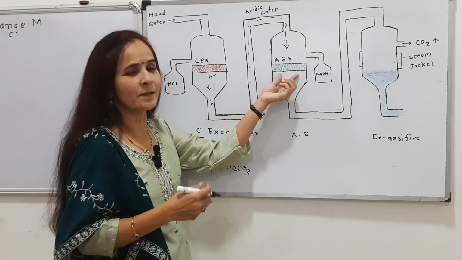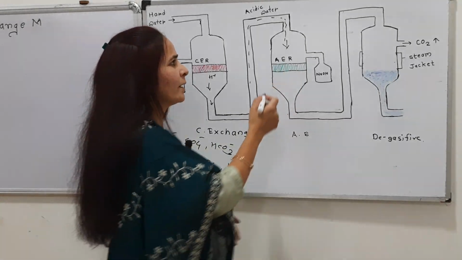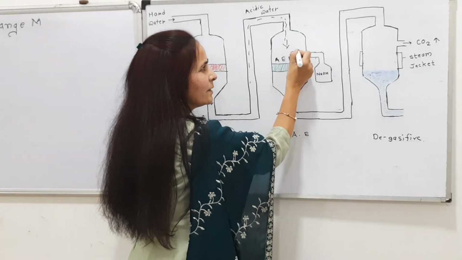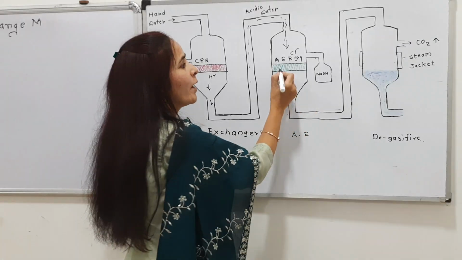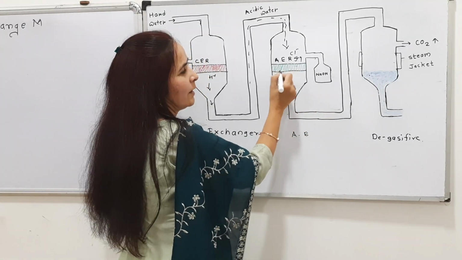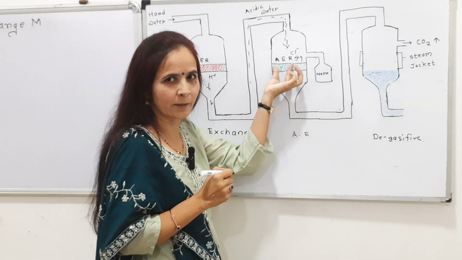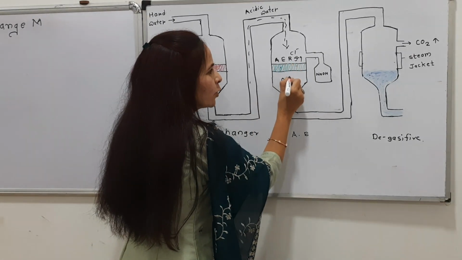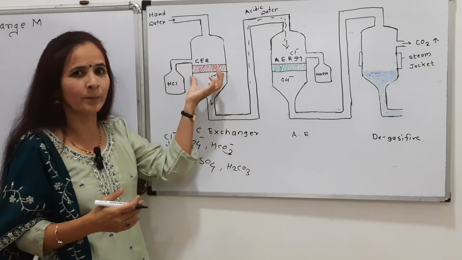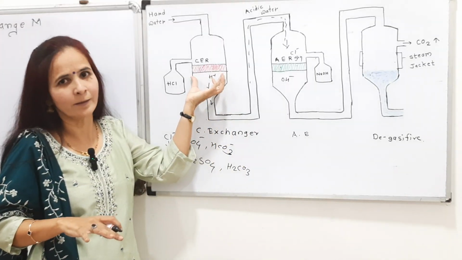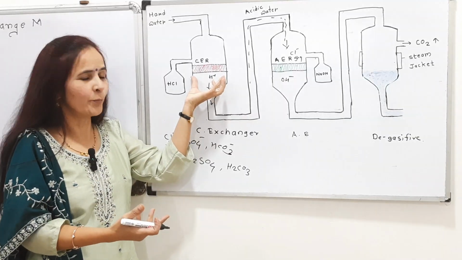In this, an exchange of anions takes place. The anions, that is Cl-, SO4 2- and all the others, are absorbed by this anion exchanger resin, and OH- ions are released from that resin. In the first cylinder, the cations are exchanged and H+ ions are released from the resin.